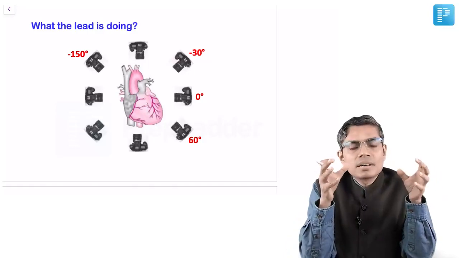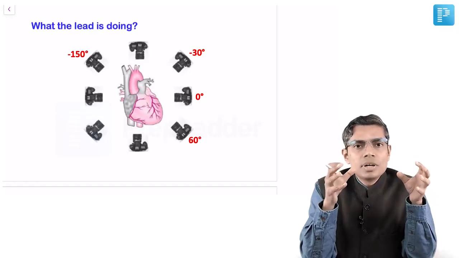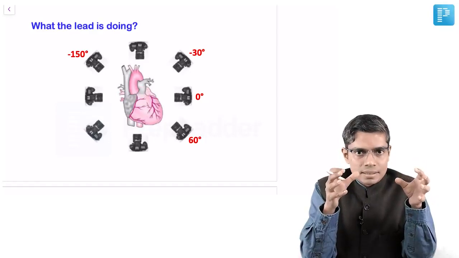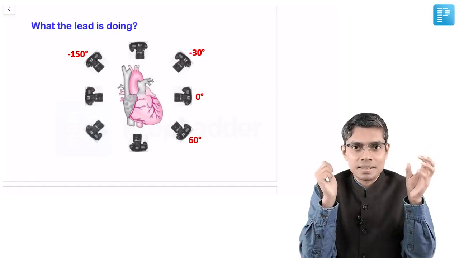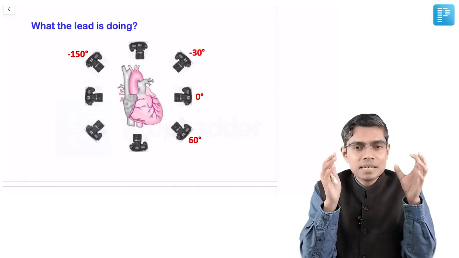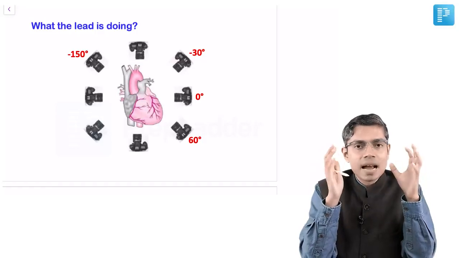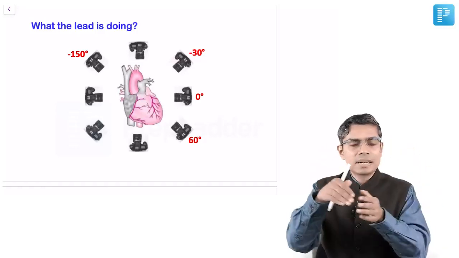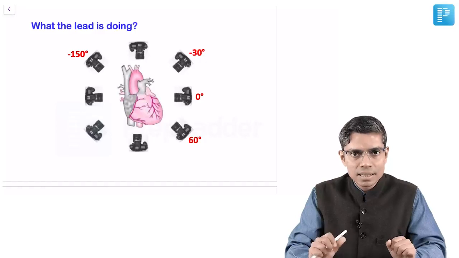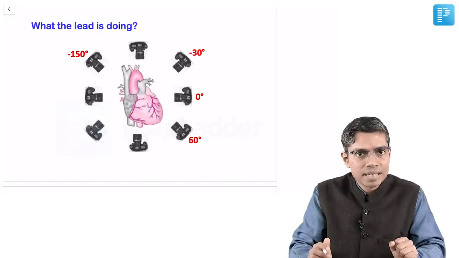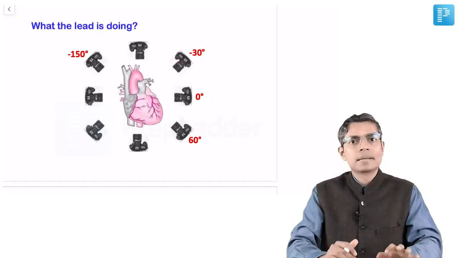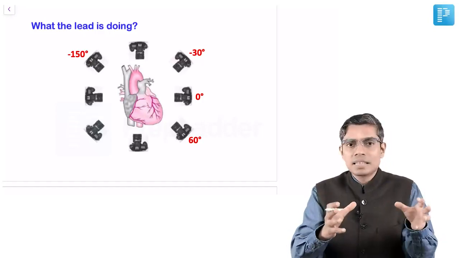These video cameras are recording the voltage vector, the instantaneous mean voltage vector that I discussed earlier, right? That voltage vector is moving in different directions inside the heart, and you have to take a snapshot of that voltage vector, right? So these cameras are nothing but leads.